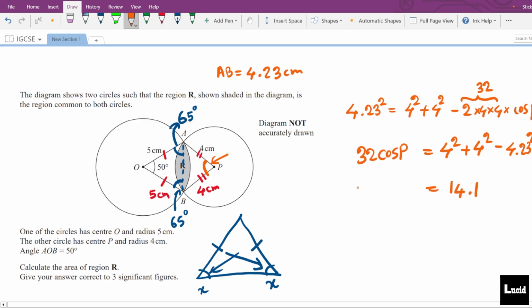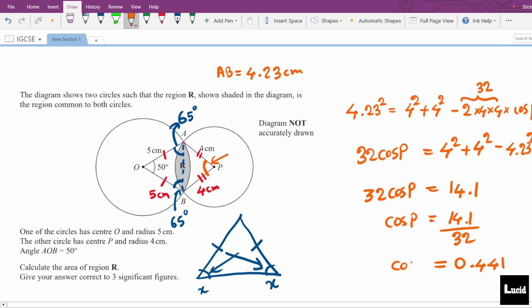Then cos P equals 14.1 divided by 32, which gives you 0.441.